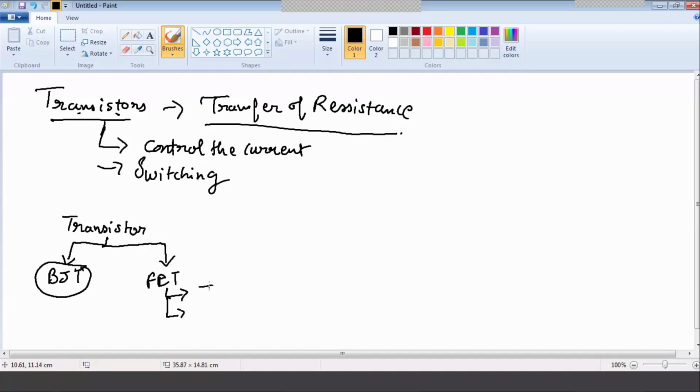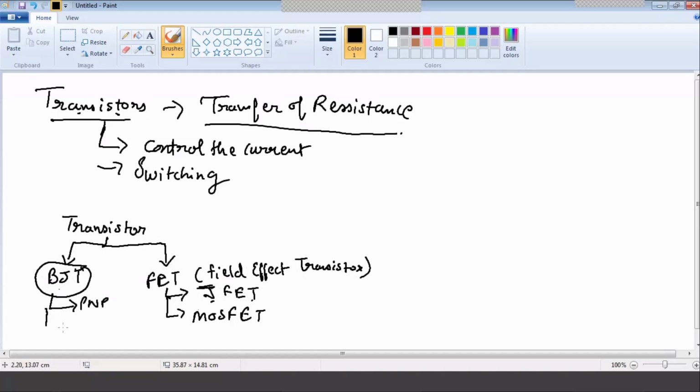FET is called field effect transistor, right? It can be JFET, junction field effect transistor, MOSFET, metal oxide semiconductor field effect transistor. Now in BJT, we have again two types of transistor. We have PNP and we have NPN, right?